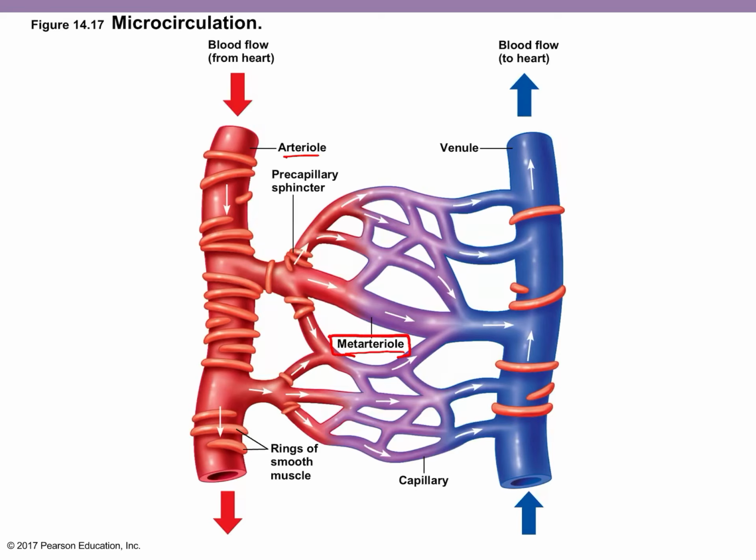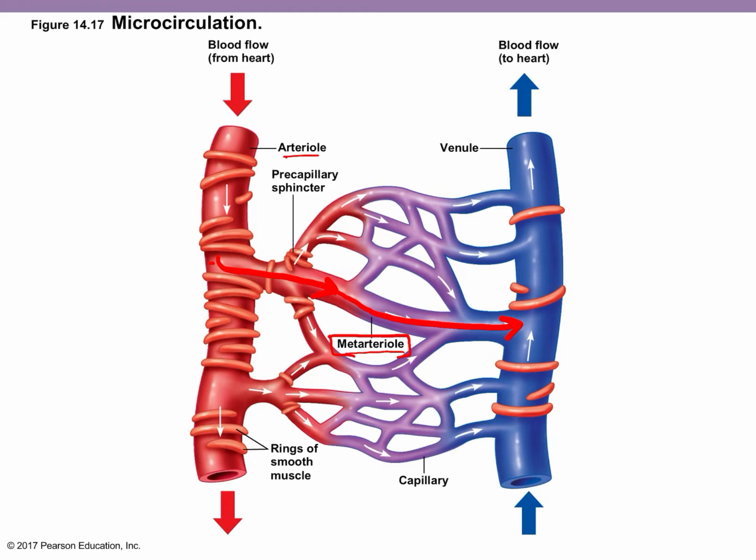A meta-arteriole is an intermediate between arterioles and capillaries, and it directly connects your arteriole to a venule. If we follow the blood flow through here, here's our arteriole, it comes in, and goes right to our venule.